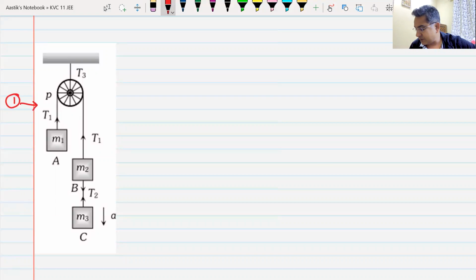This is string number 1. In between, it is string number 2. And on the top, it is string number 3. So what they are going to ask you is the tension in all the strings, T1, T2, and T3, and the value of the acceleration A. I'll give you 2 minutes. I know that you can do this. Do it and give me the answer.